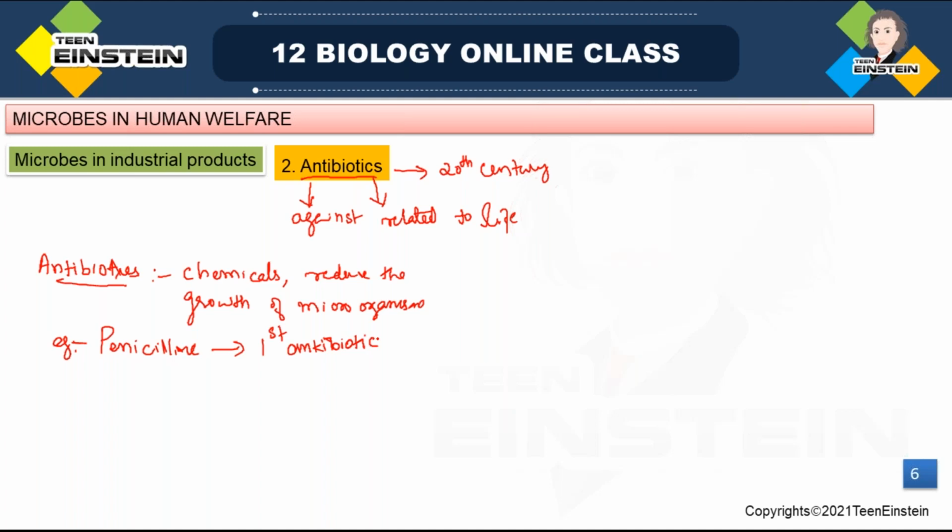Around that mold, the Staphylococcus couldn't grow. He found that this was due to the production of some chemical by the mold, and in the presence of that chemical the Staphylococcus bacteria were not able to grow. He named that chemical penicillin after the mold, Penicillium notatum.